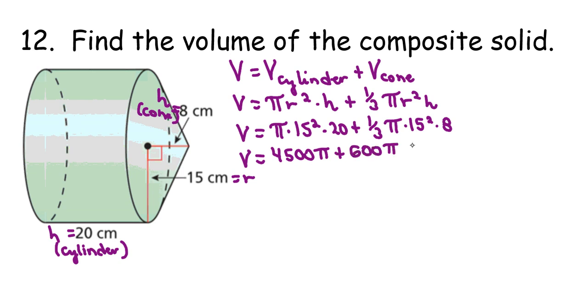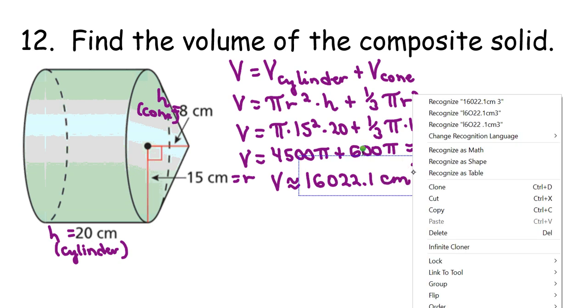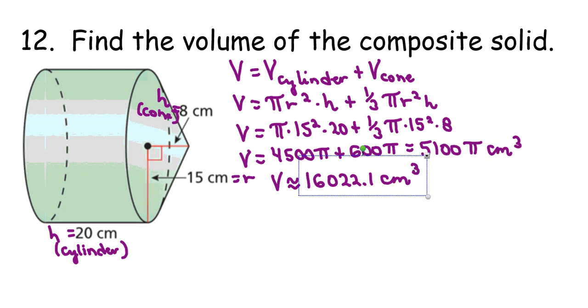Take pi along with that, so we get an exact value of 5,100 pi. And that would be labeled in cubic units, and that would be centimeters cubed. If I want an approximate value, I can take 5,100 multiplied by pi on my calculator, and I get 16,022.1 to 1 decimal place. Centimeters cubed is again my good label on that. Okay. And that checks off problem number 12. Let's move forward to problem number 13.